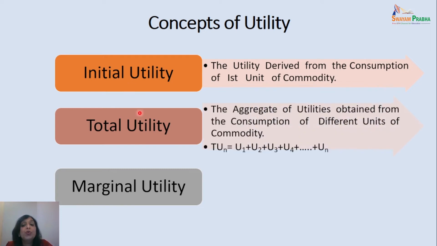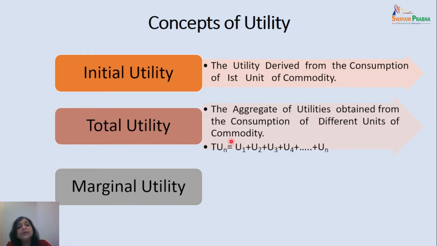Then you have total utility. Total utility is the aggregate of the utilities obtained by consumption of different units of the same commodity. The first biscuit, second biscuit, third biscuit, fourth biscuit, each biscuit is giving you some utility. When you add up the utility of all the biscuits which you had eaten, together it will be called total utility.